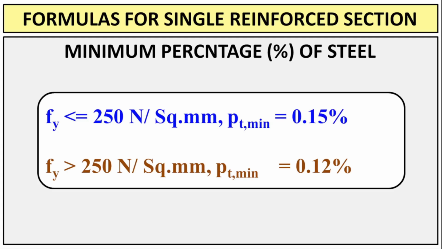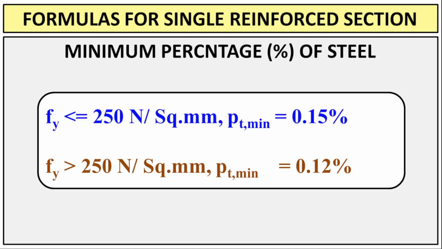In summary, the minimum percentage of steel reinforcement in a singly reinforced section depends on the yield strength of the steel. Lower yield strengths require a higher minimum percentage of steel.